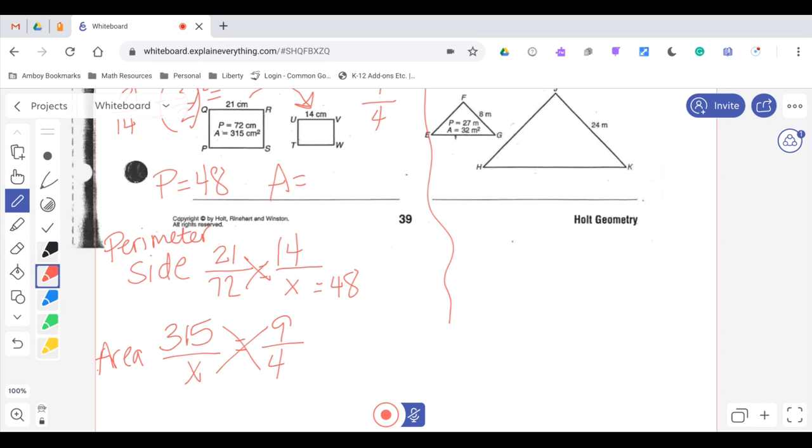Okay, so I'm going to cross multiply again. And I'm going to get, let's see, 315 times 4 divided by 9 is 140. So that's an area of 140, and I'm sorry, I forgot labels on all of this.